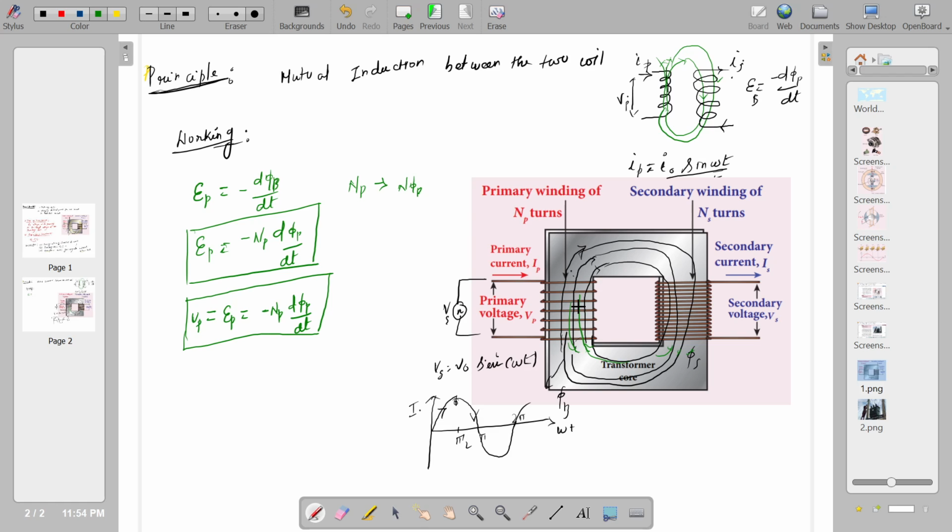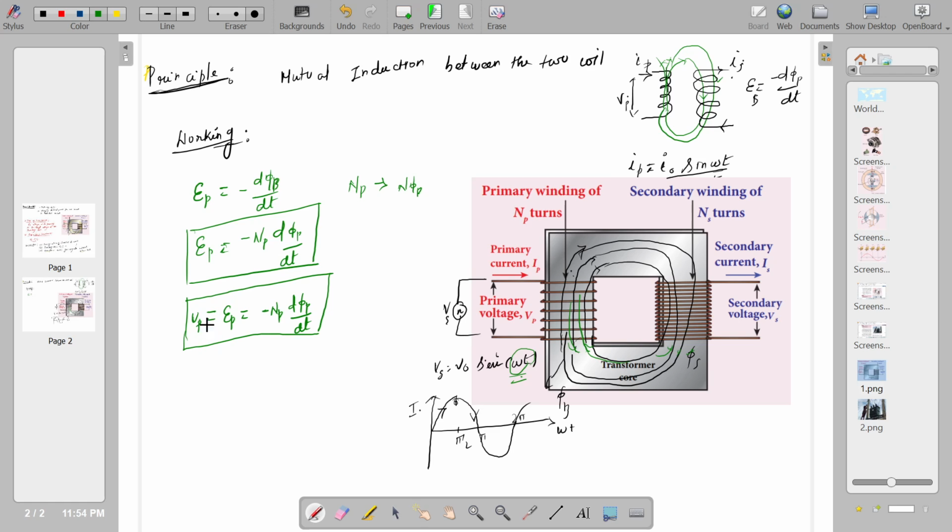So that frequency won't change in the secondary, because the flux linked with the primary varies as omega t. If per unit time it changes 100 cycles, then the flux change here is also 100, and the EMF produced in the secondary will also be 100. So the frequency of the induced EMF in the secondary will be the same.